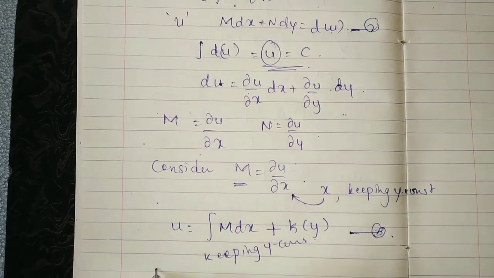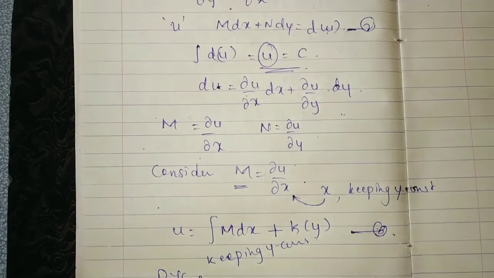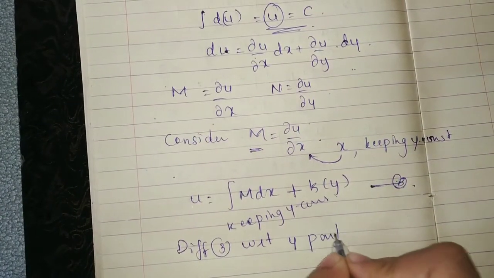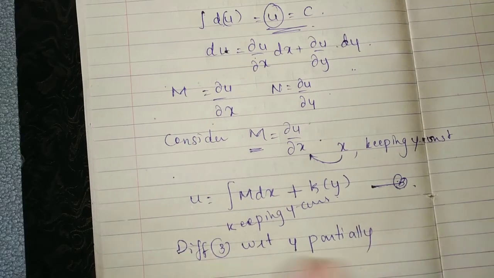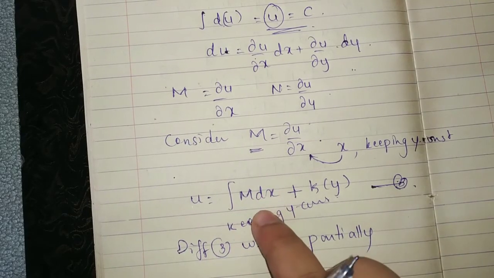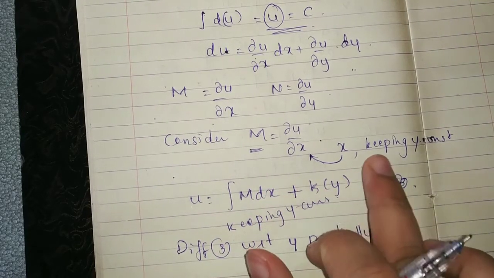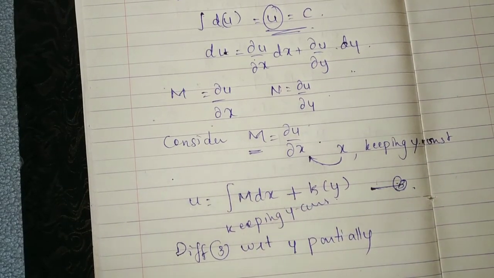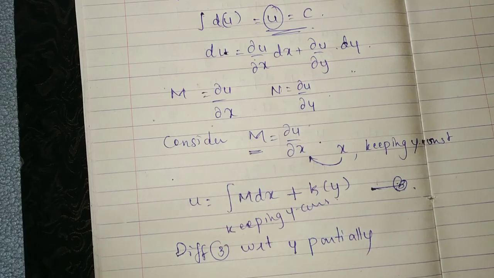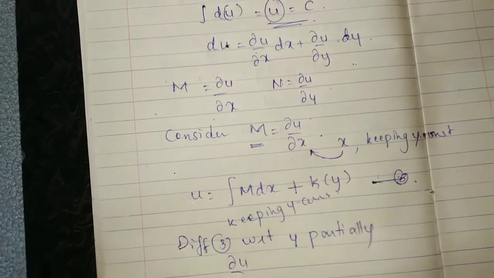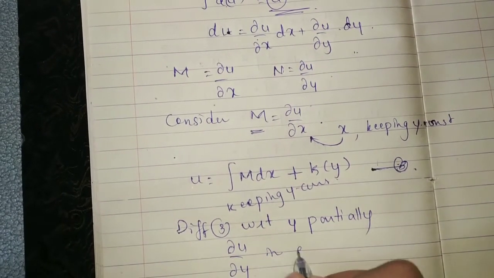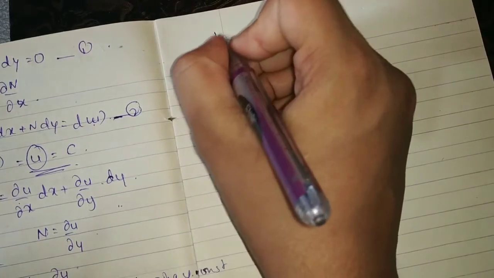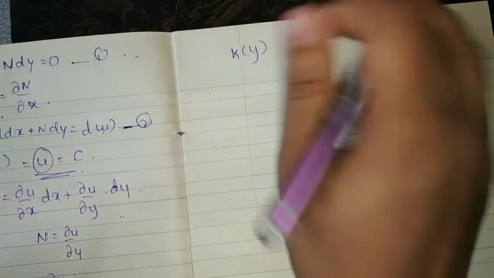Now we need to differentiate equation 3 partially with respect to y. Remember, here we have integrated with respect to x, keeping y constant. Now we are differentiating this with respect to y. So comparing ∂u/∂y in equation 3 with N, we get k of y.